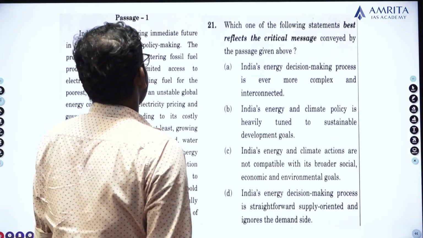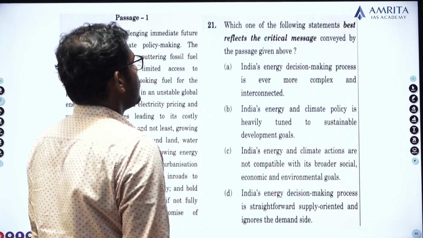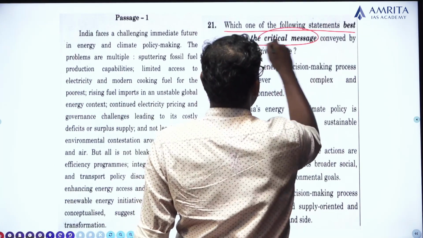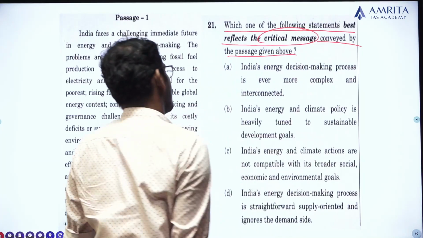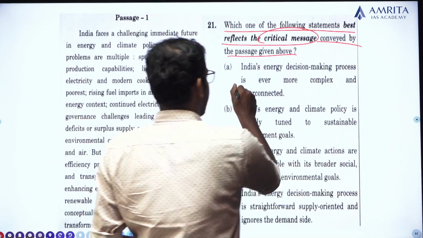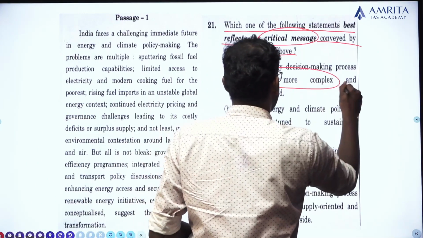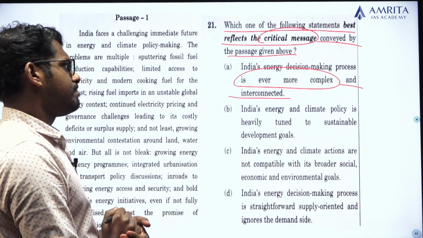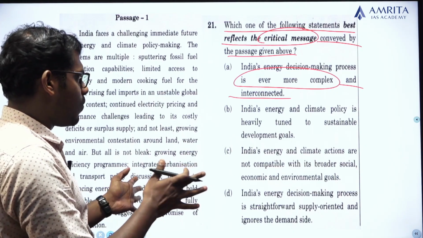Okay, next question. Which one of the following statements best reflects the critical message conveyed by the passage given above? The first one, India's energy decision making process is ever more complex and interconnected. I don't feel any faults in that statement.